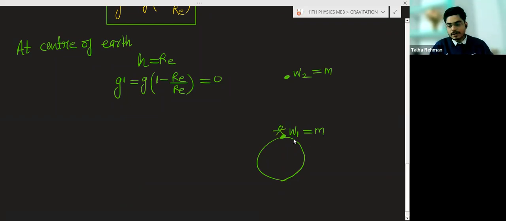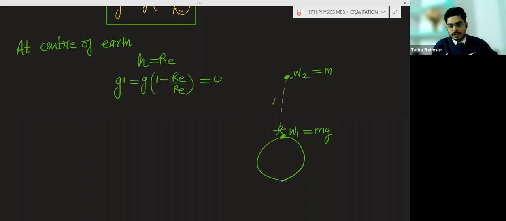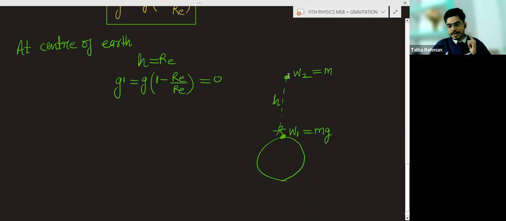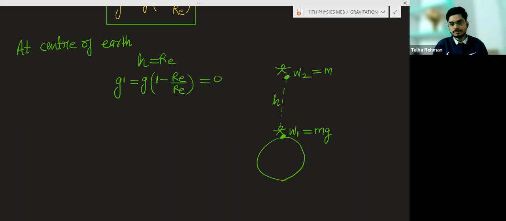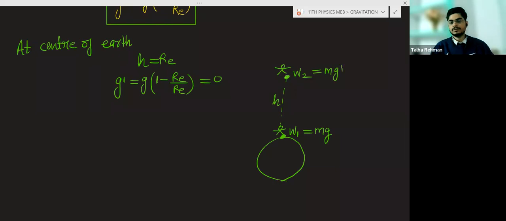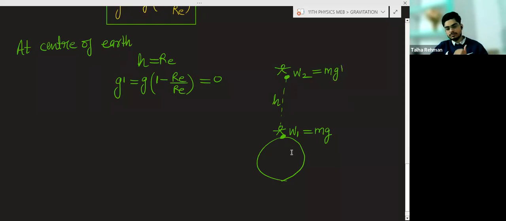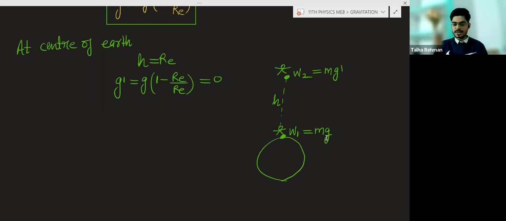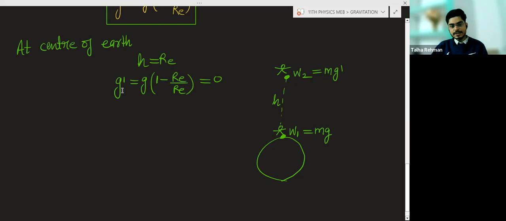Here your weight will be mass multiplied by acceleration due to gravity here, mg. And suppose this is h height above, at this position your weight will be mass into acceleration due to gravity there. So basically weight depends on position, you can say weight depends on the acceleration due to gravity, and acceleration due to gravity changes with height and changes with depth. So at the center, if acceleration due to gravity is 0, your weight is 0.